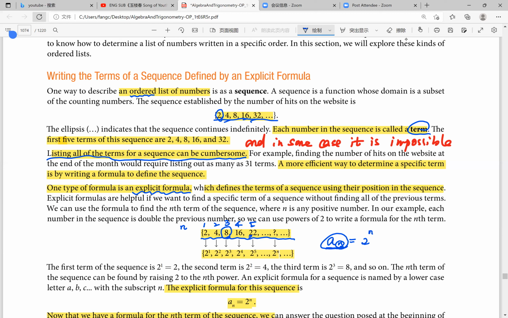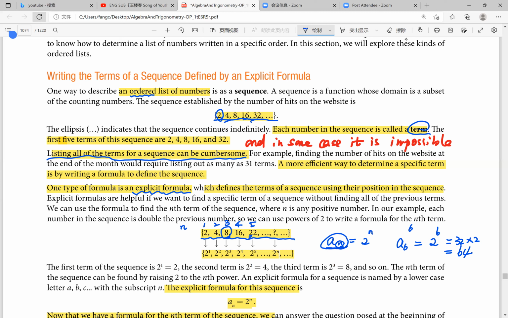Now we know the formula of the sequence is a sub n equals 2 to the n. Then we can find any term in that sequence. For example, we want to know the sixth term. So the sixth term is a sub 6 equals 2 to the power of 6. 2 to the fifth is 32. 2 to the sixth, we just need to multiply by another 2, which is 64.